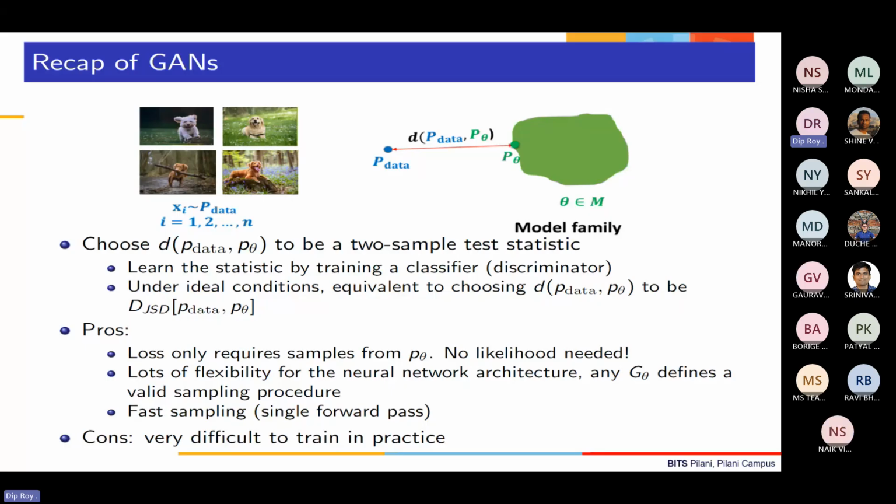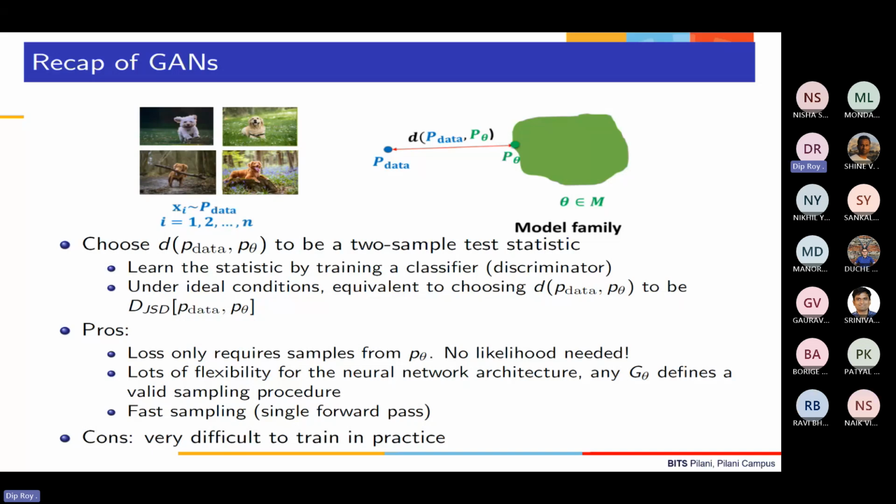Its main job is to distinguish between the samples coming out of the true distribution, that is your training examples, and the samples coming out of your model distribution. In this case, the model is nothing but a generator, which takes some Gaussian noise and converts it into some samples. All right. So two divergent objectives here.